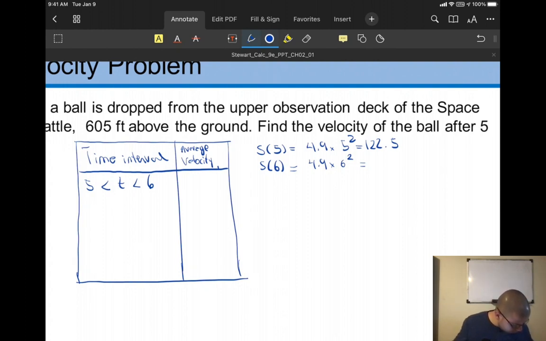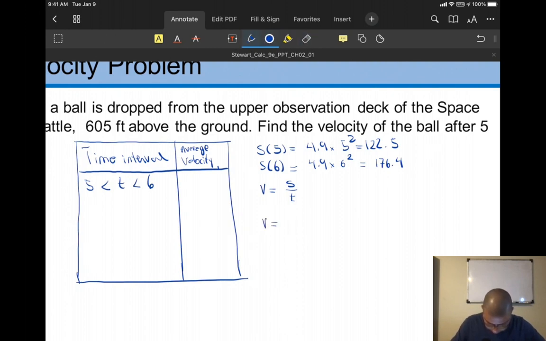So that will be 4.9 times 36, so that's 176.4. So our average velocity, if you remember from physics, is the distance traveled, and we usually use s instead, like space over time. So that will be the difference between these two.